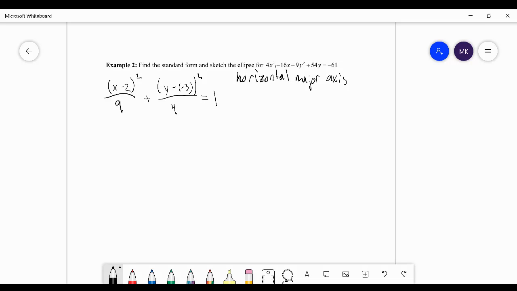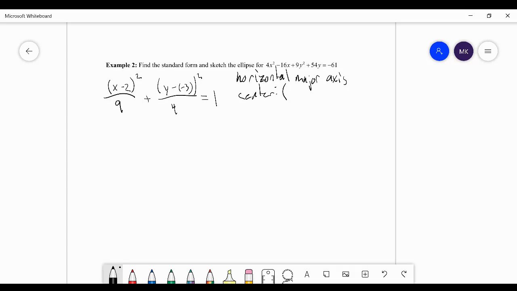Okay. Now we need to find a few things, but first, the center. This is going to help us because we're going to sketch a graph. So our center, since this is definitely not at 0, 0, we've got some stuff going on with these x's and y's.